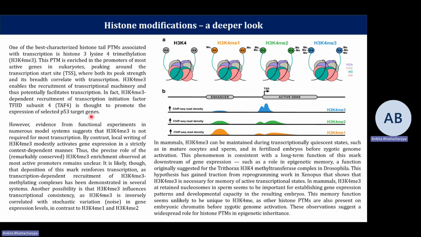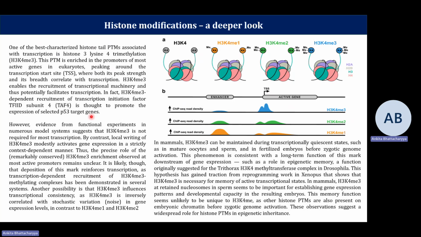So you're leaving an epigenetic memory, or you're leaving an epigenetic mark. Again, this is another way of looking at the term mark, but effectively that is what it is doing. This hypothesis was also supported by chromatin reprogramming work performed in Xenopus, frog embryos.